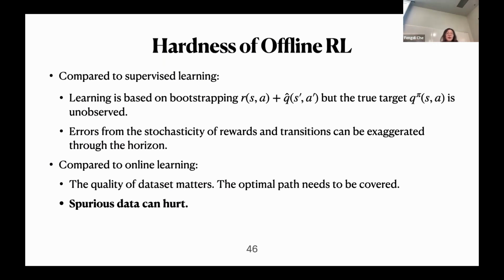We may have an MDP where, from the initial state, only a part of the MDP can be reached. And we also have the other part, which can never be reached by any policy from the initial state. For that part, this concentration bound has no limitation. And people can put really awful data from this part into the data set and cause us an issue.